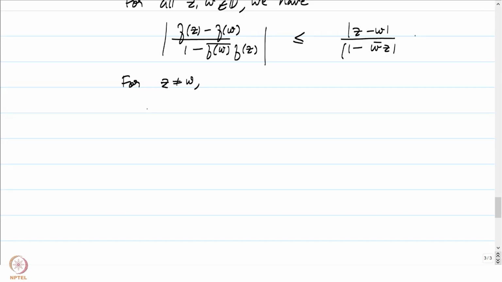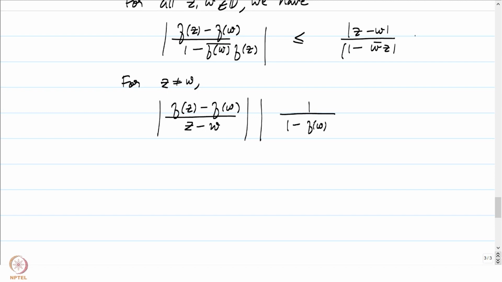We divide the entire inequality by the absolute value of Z minus W, and we have the absolute value of f of Z minus f of W by Z minus W, times 1 by 1 minus f of W bar times f of Z, which is less than or equal to 1 by 1 minus W bar Z.